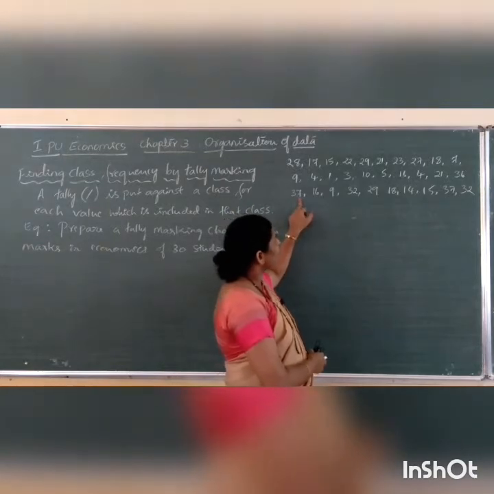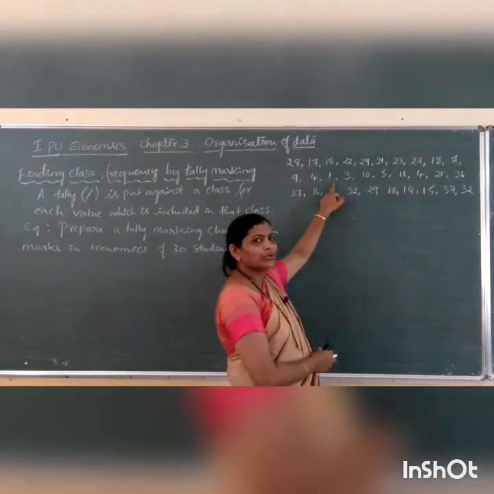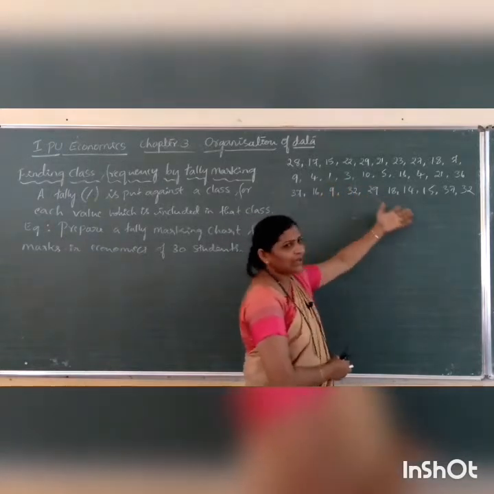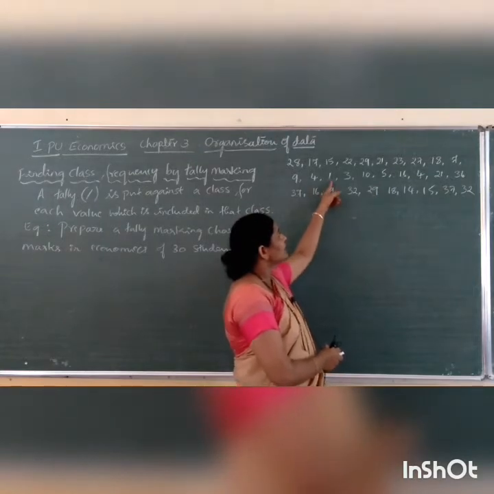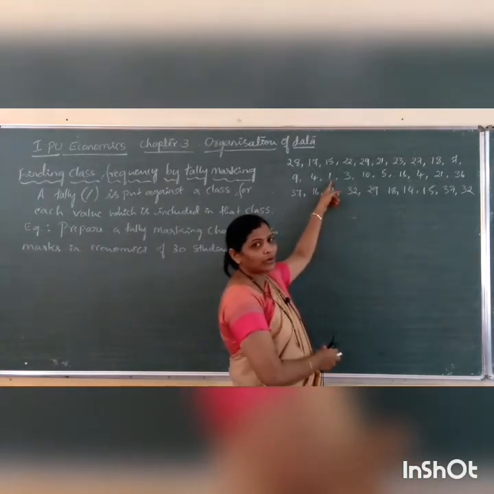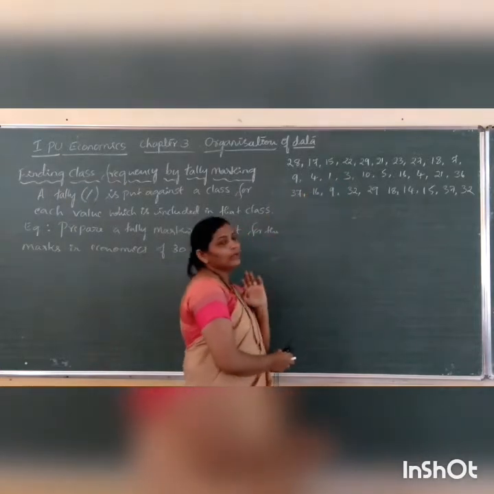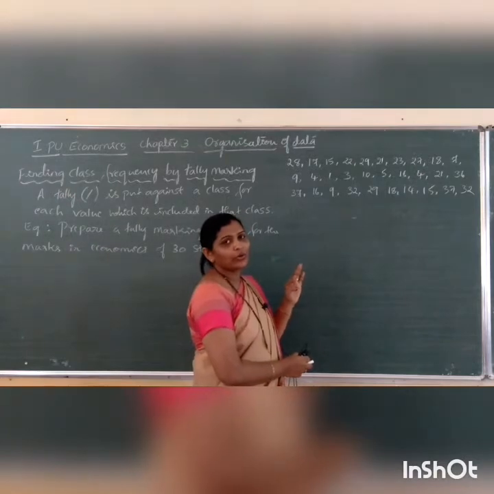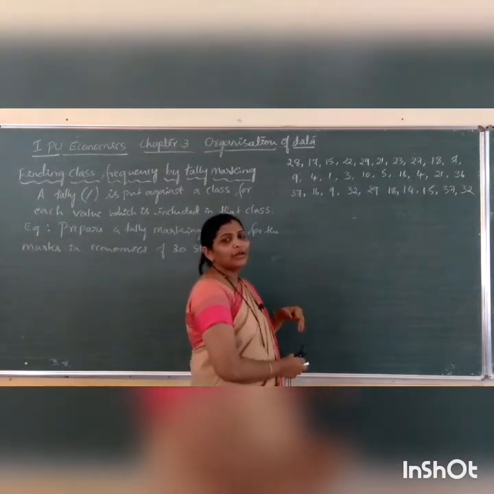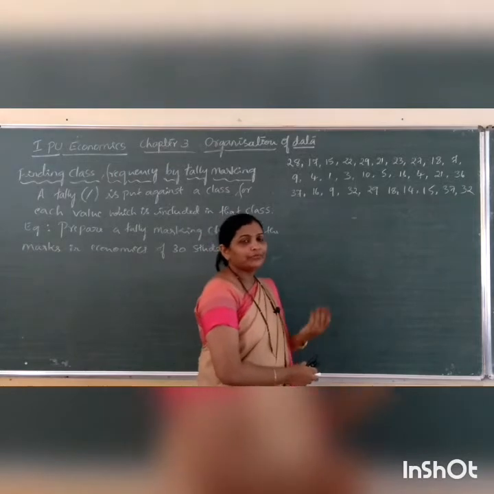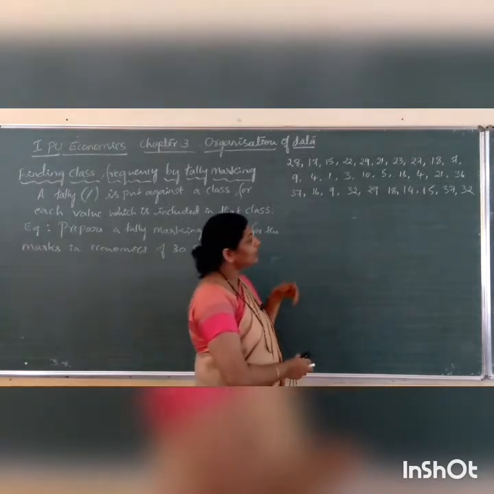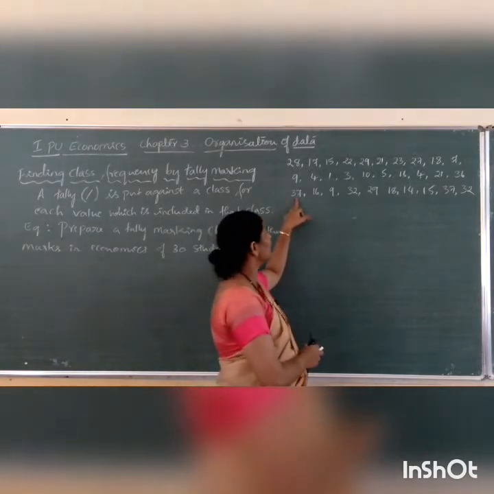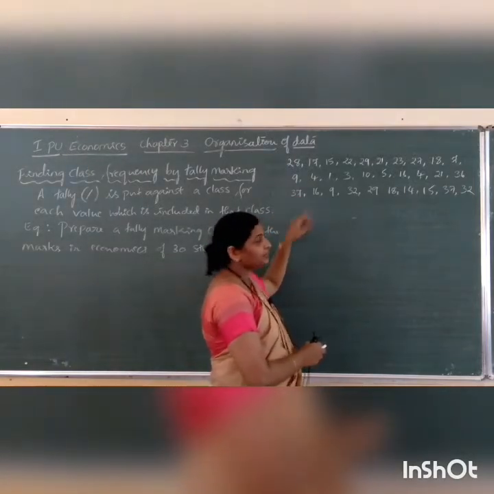There is no need to start the class from 1; you can take a smaller value than 1. Hence I go with 0 to 5, then 5 to 10, 10 to 15, 15 to 20. Like that I will take classes till 35 to 40, because the highest value here is 37.